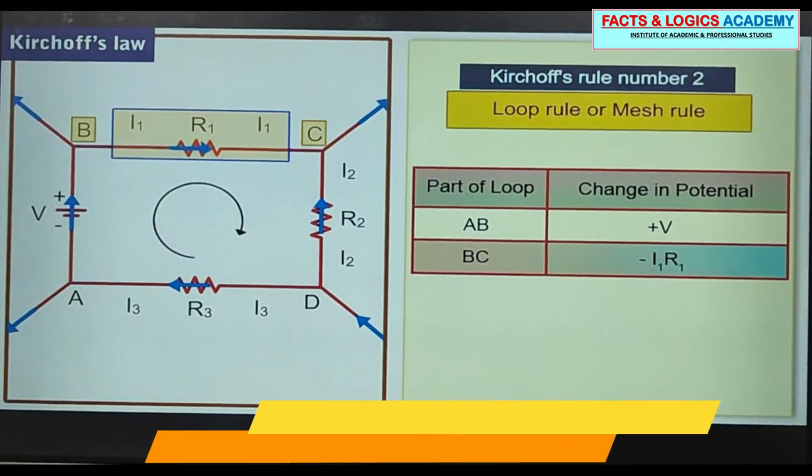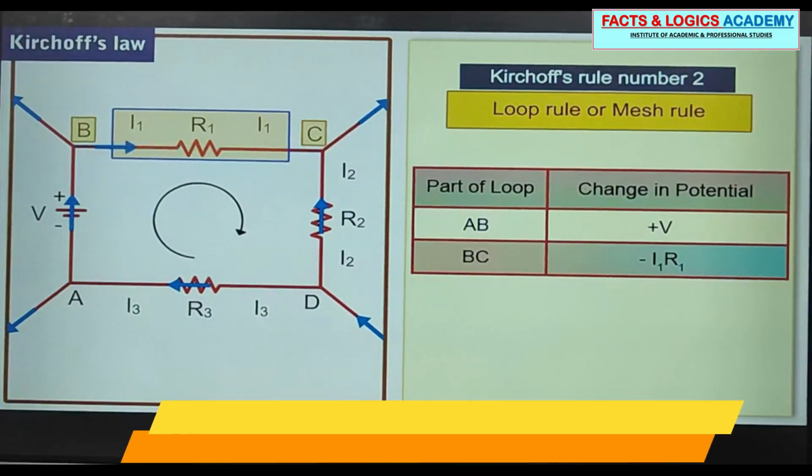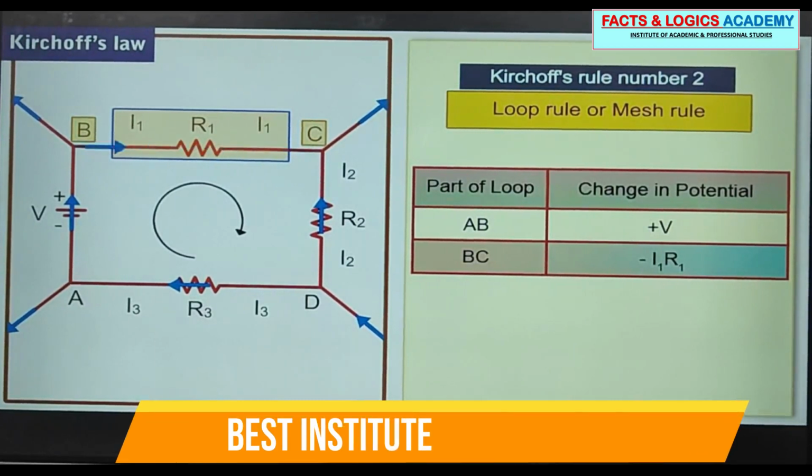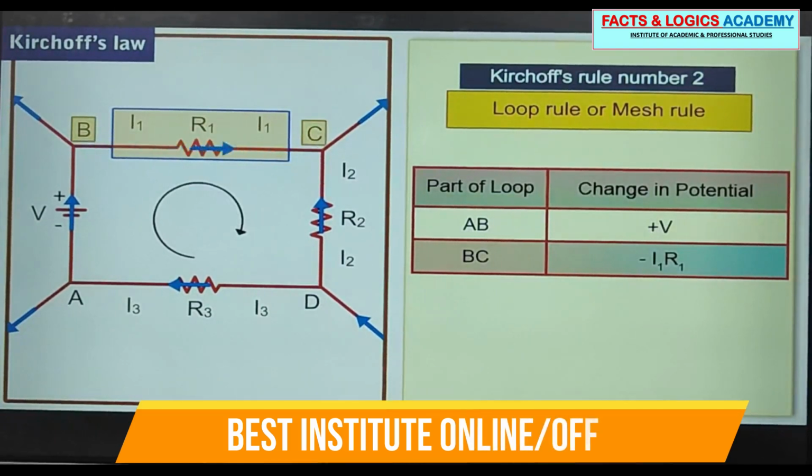Charge always flows from a point at higher potential to a point at lower potential. Therefore, point B is at a higher potential compared to point C. We are calculating the potential change between points B and C, which is the potential at C minus the potential at B. Hence, the change in potential is negative.